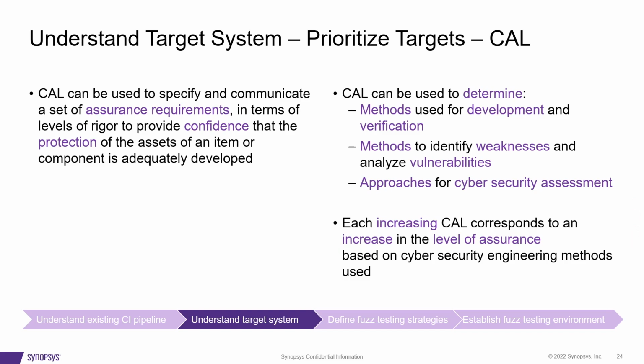The reason why you have different levels here is because for each increasing CAL, you have an increase in the level of assurance based on the cybersecurity engineering methods used. So for example, you can have more in-depth testing or a larger scope or different testing methodologies being applied for higher levels of CAL. And we'll talk about that a little bit more on the next few slides for this particular fuzz testing example.